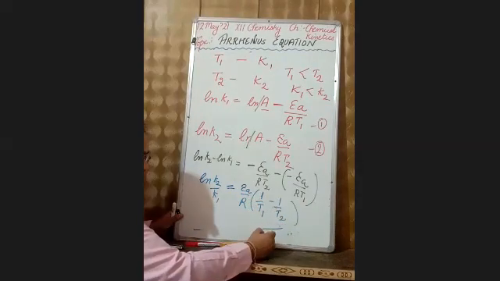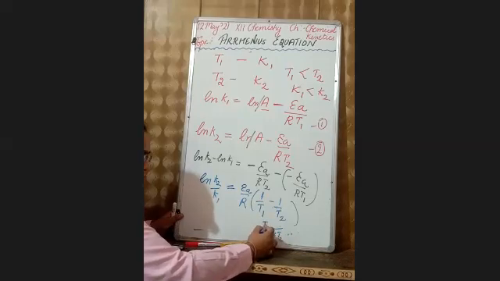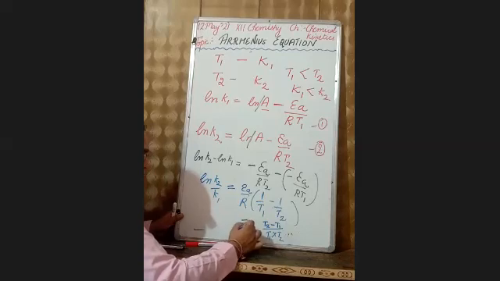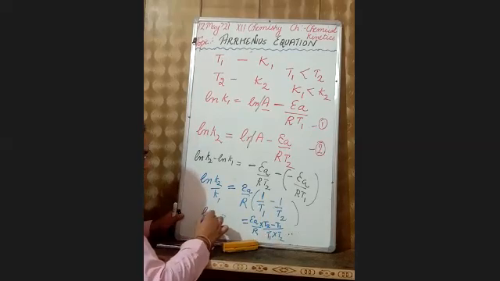Take LCM T1 into T2. It will be T2 minus T1 is equal to EA by R into ln K2 by K1.